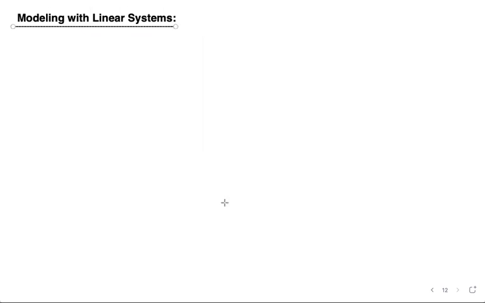So there are steps for modeling a linear system. Let me define the steps.